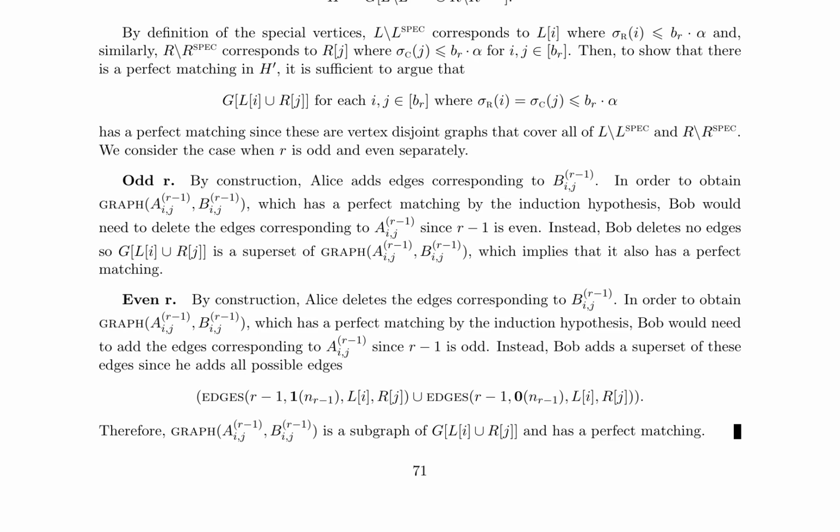This is done by considering the cases where $R$ is odd and even separately. For odd $R$, it is shown that $G[L_I \cup R_J]$ has a perfect matching for each $I, J \in B_R$, where $\sigma_R(I) = \sigma_C(J) \leq B_R \cdot \alpha$.